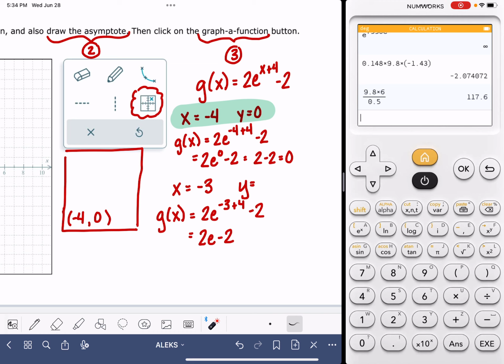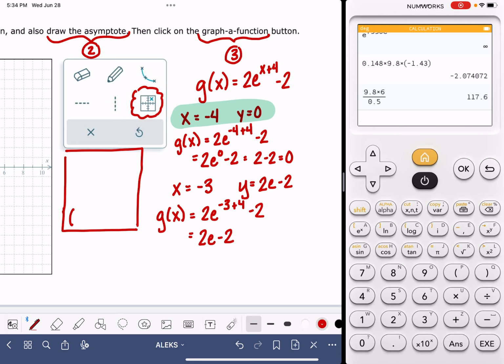Now, we could use our calculator to figure out exactly what that was numerically, but we don't have to because of this awesome little plot a point function on ALEKS. So what we know, when x is equal to -3, y is equal to 2e minus 2, and we can actually use this tool right here to plot that exact point.